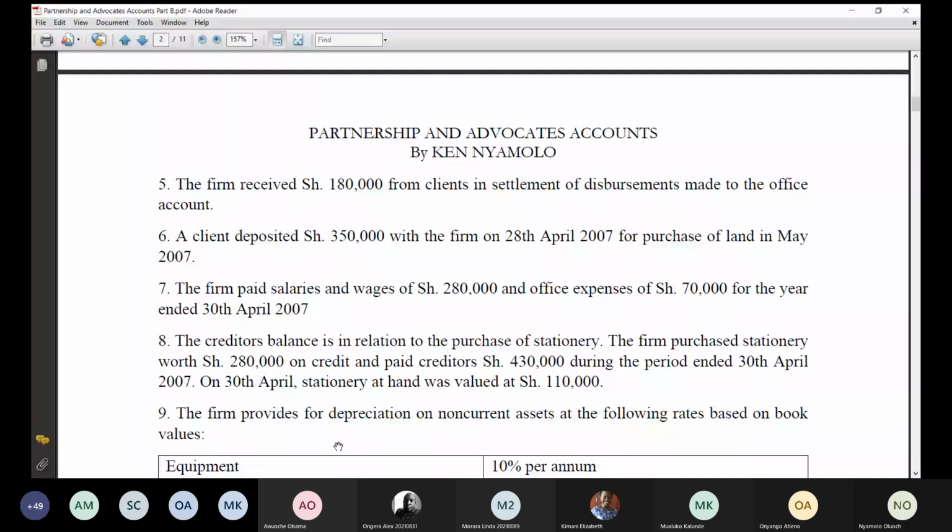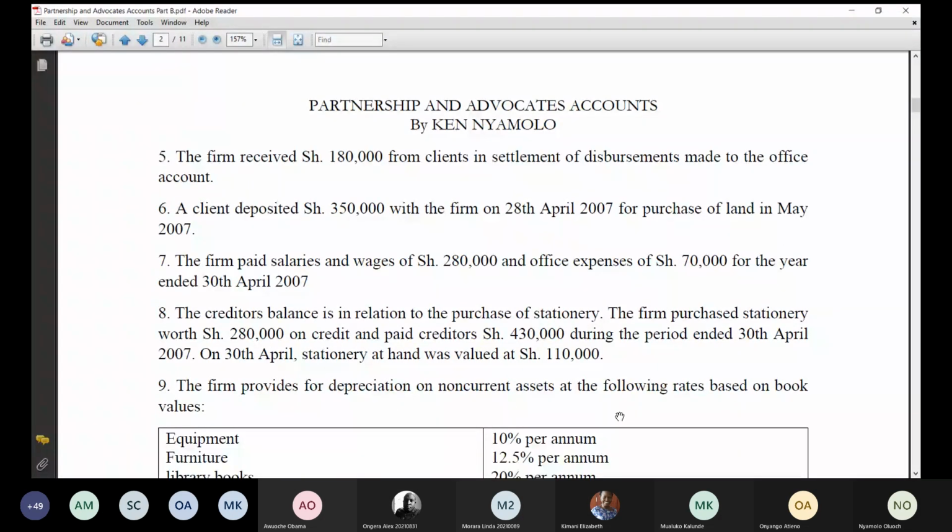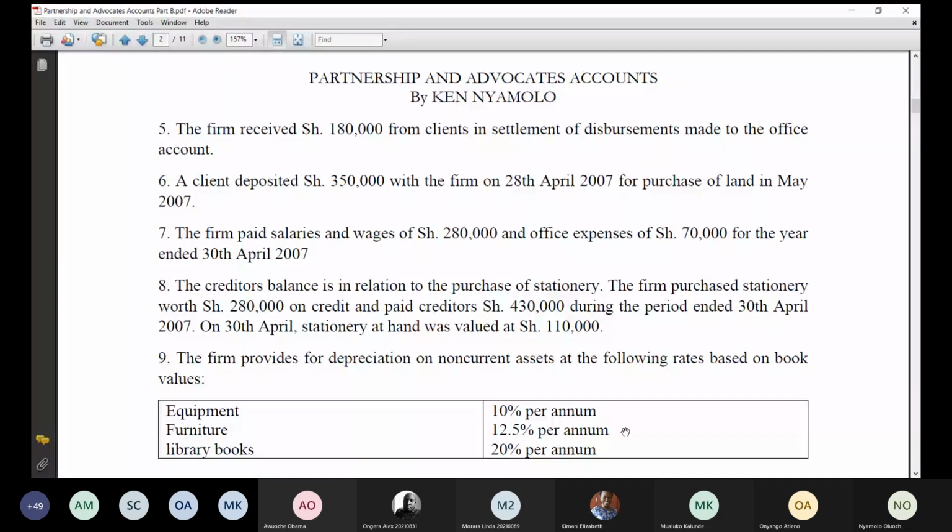Creditors balance is in relation to purchase of stationery. The firm purchased stationery worth 280 on credit and paid creditors 430 during the period ended 30th April 2007. On April 30th, stationery at hand was valued at 110. The examiner is trying to see if you are able to get the correct balance of the creditors.